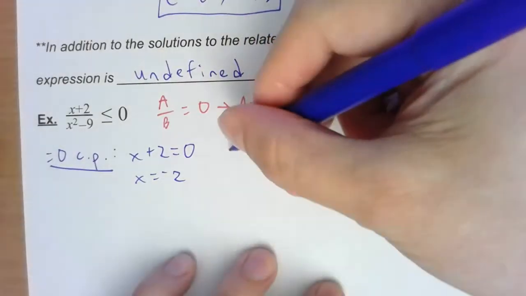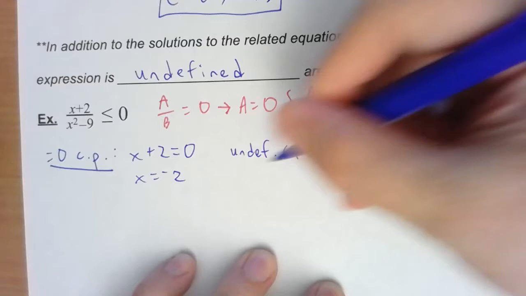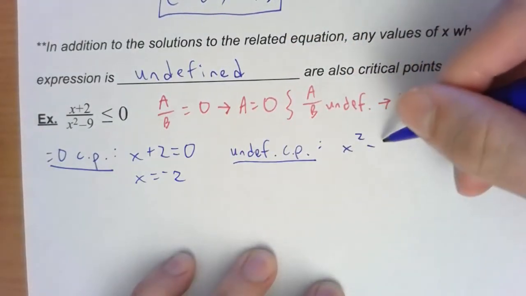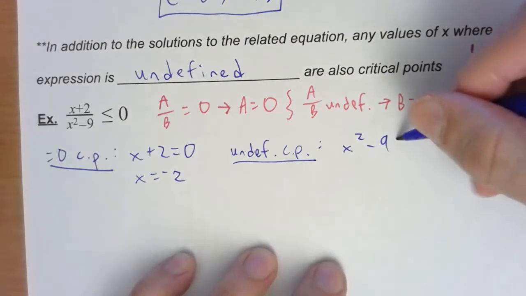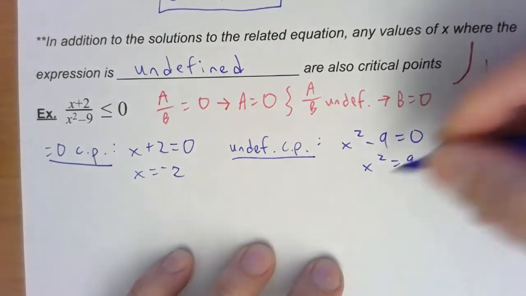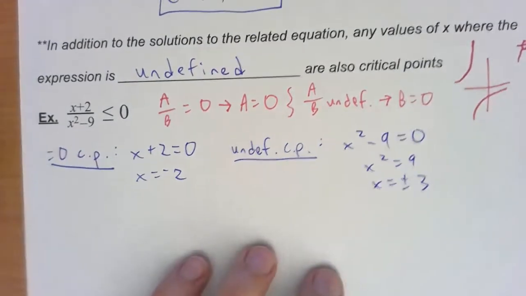So let's take a look at what our undefined critical points are going to be. That's going to be when x squared minus 9 equals 0. So when x squared equals 9, when x equals plus or minus 3.